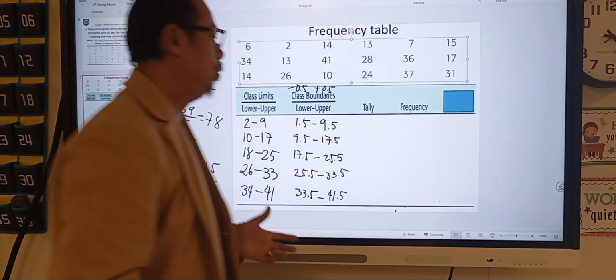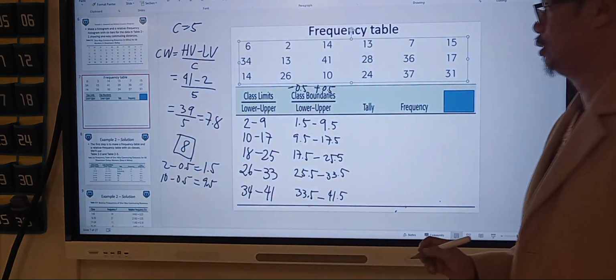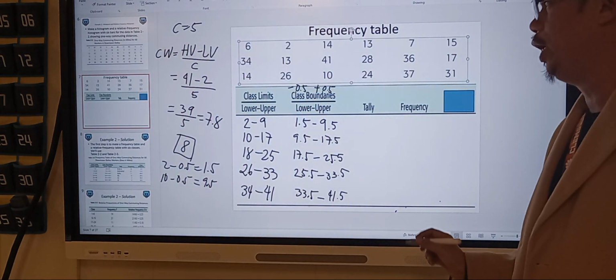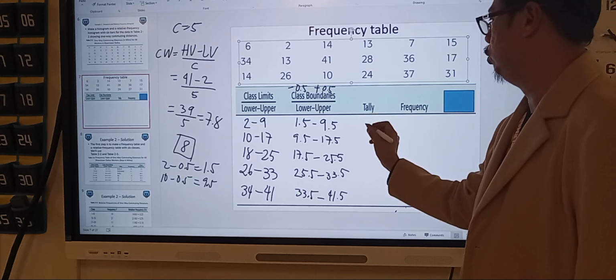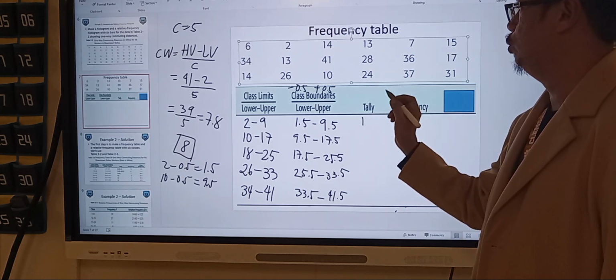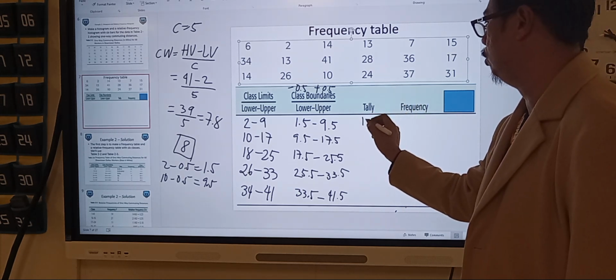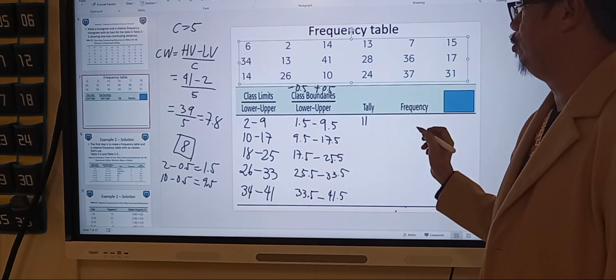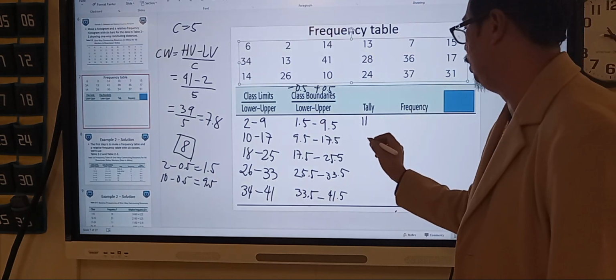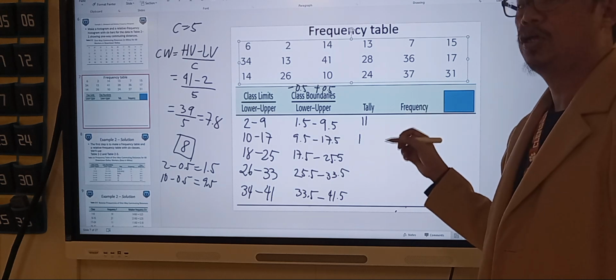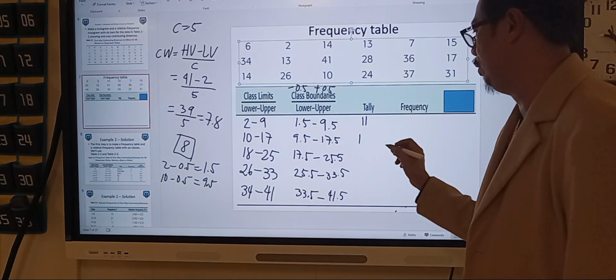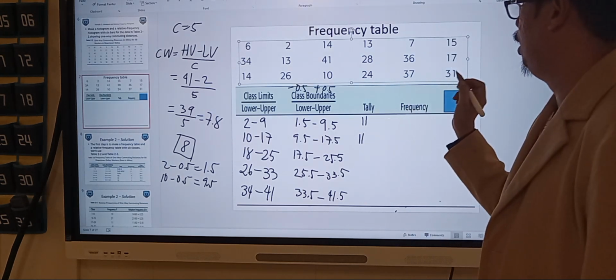So let's start with 6. 6 will be on the range 2 to 9. Then 2 will be on the range 2 to 9 also. 14 will be on the range 10 to 17. 13 is also from the range 10 to 17. And then 7.